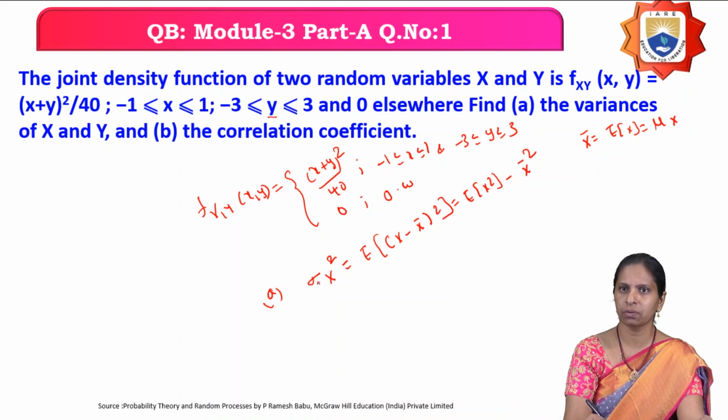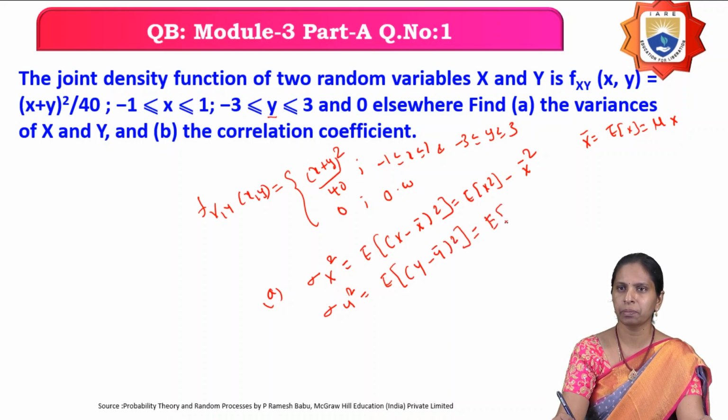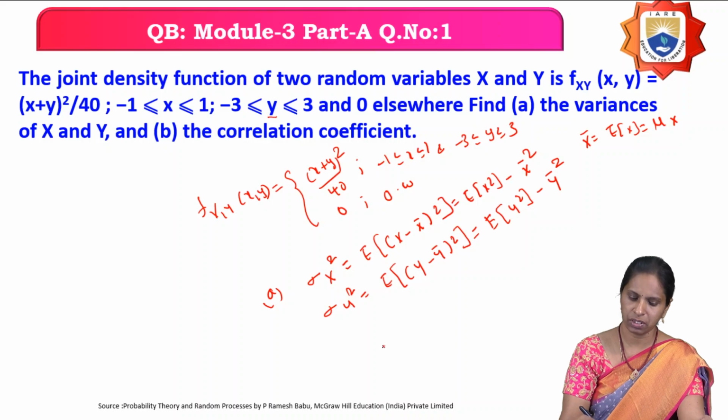So, this is the variance of x. Similarly, the variance of the random variable y is expectation of (y minus y bar) whole square, which simplifies to expectation of y square minus y bar whole square. So, this is the first bit.